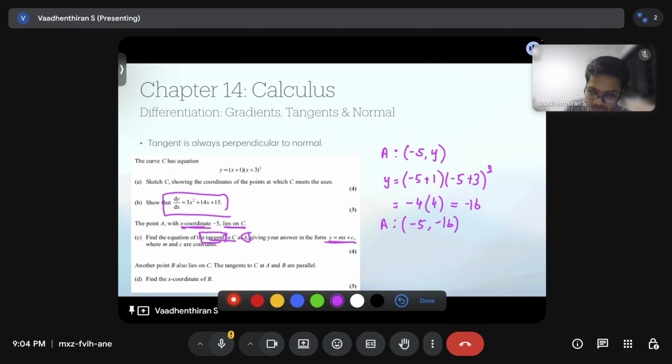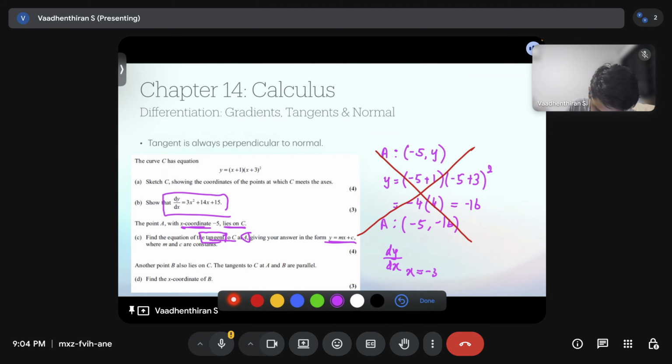This shows you the gradient at A. So what you do is take dy over dx at x equals -5.